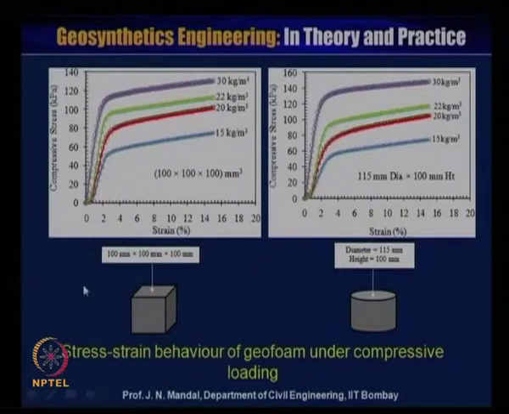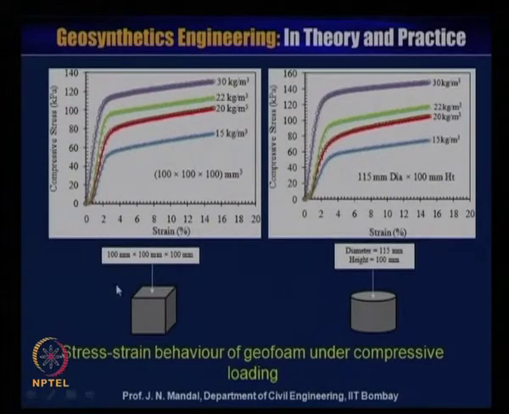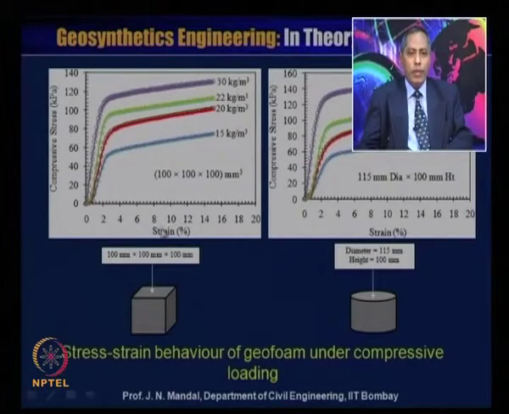Here this curve shows the 100 millimeter by 100 millimeter by 100 millimeter specimen, and you have performed a number of tests. I am just showing one of the samples, of size about 100 millimeter by 100 millimeter, with different densities: 15 kg per meter cube, 20, 22 and 30 kg per meter cube.